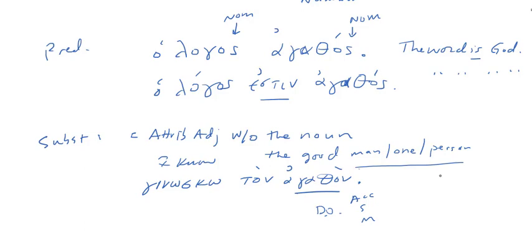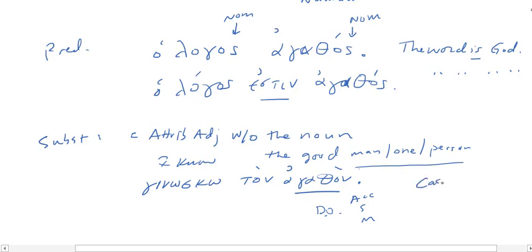So, bottom line, goodness gracious, what will determine the case, gender, and number of your substantival adjective? The function will determine the case, right?